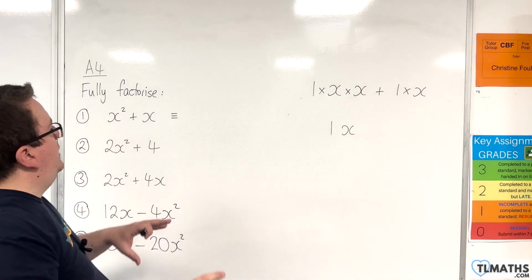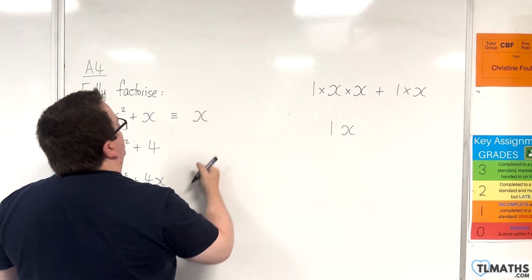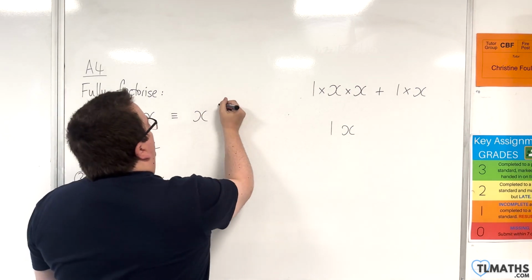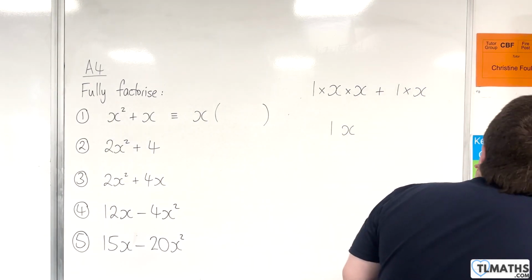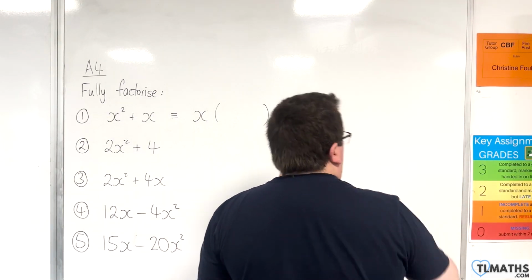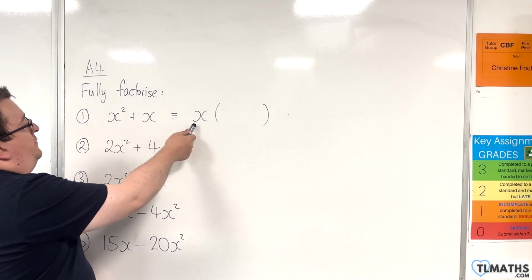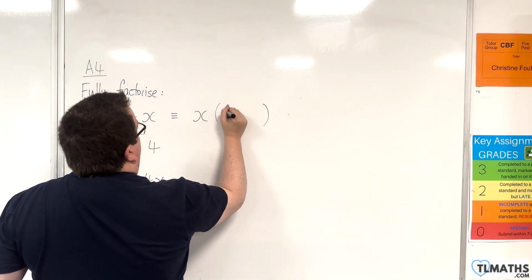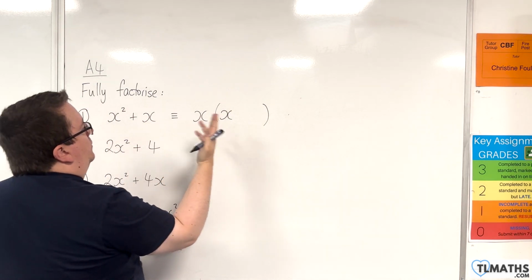So you can see that x squared and x, they both have a factor of x, and that is what I'm going to factor outside of the single bracket. So x squared divided by x is just x to the power of 1, and then we have x divided by x, which is just 1.